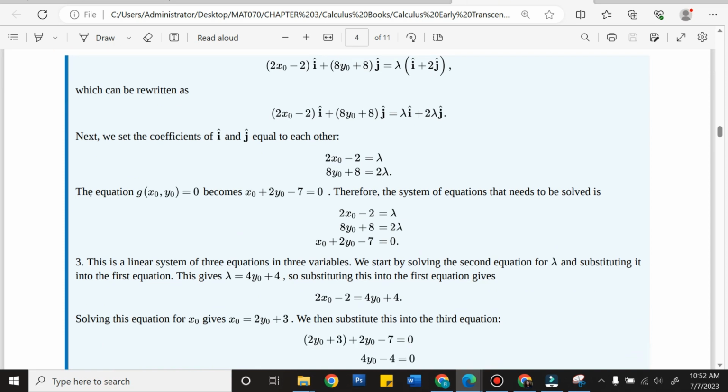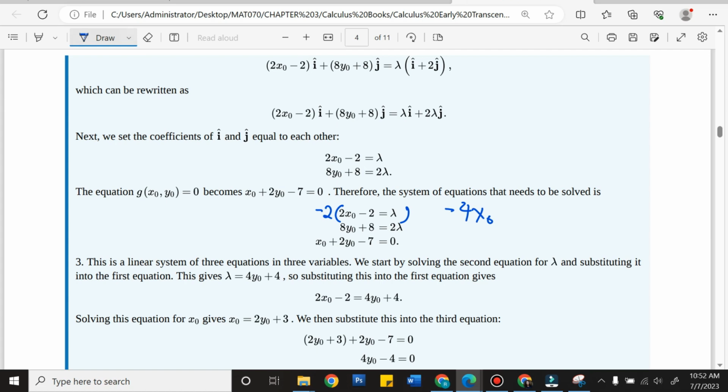So, after that, we will try to find the values of x sub o, y sub o. Okay. So, what will we do here? We can eliminate the lambda by multiplying by 2, negative 2, both sides. Okay. So, we'll have negative 4x sub o.